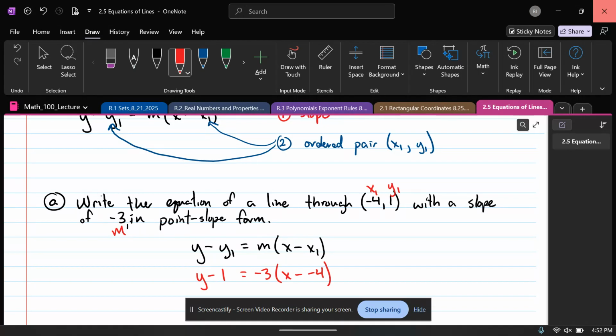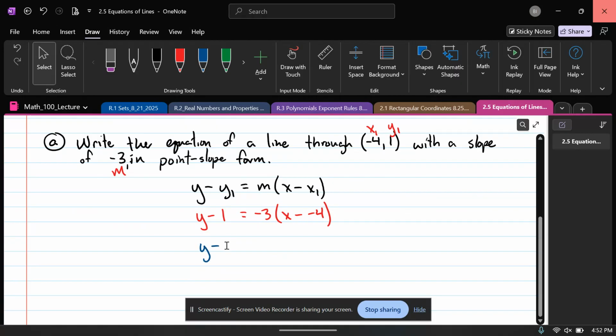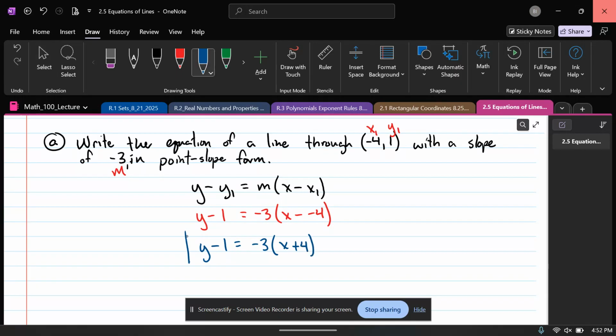The only thing we have to do with point-slope form to finish the problem is clean up any double negatives that we have. We got one double negative in there, that minus -4. So we're going to clean up that double negative and rewrite that as y minus 1 equals -3 times (x plus 4). That is my point-slope form, the finished point-slope form.